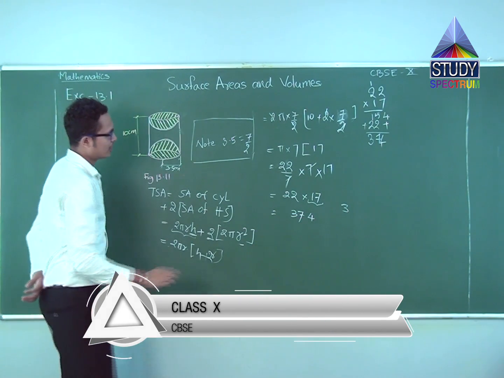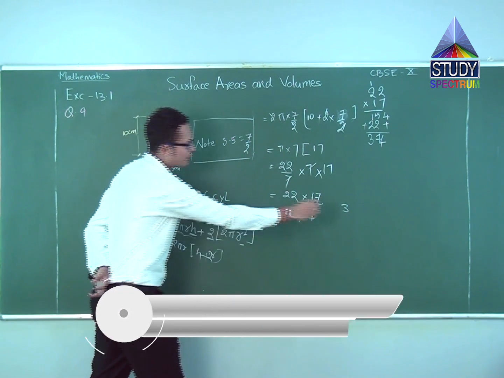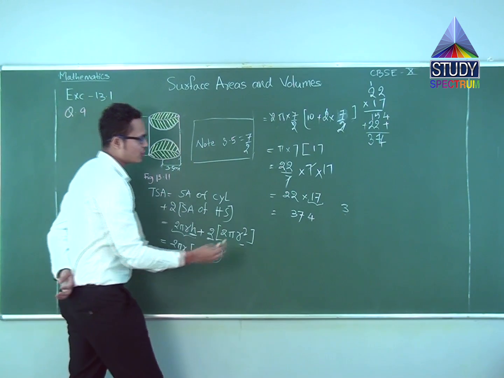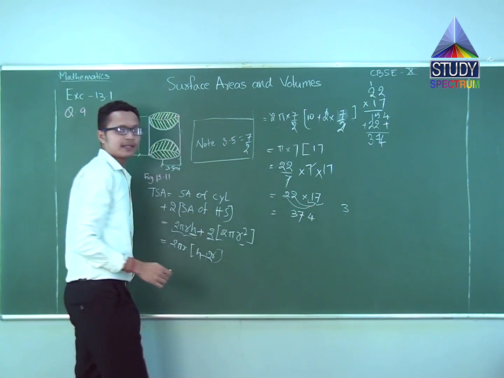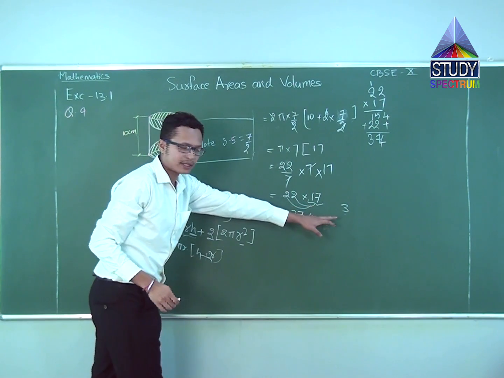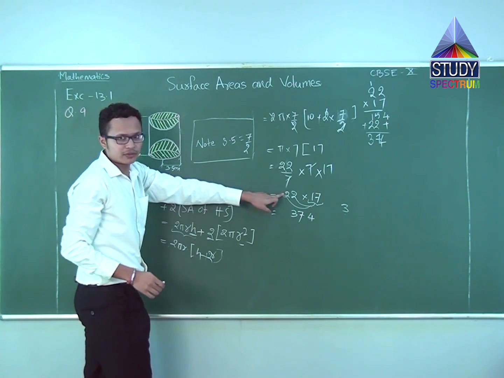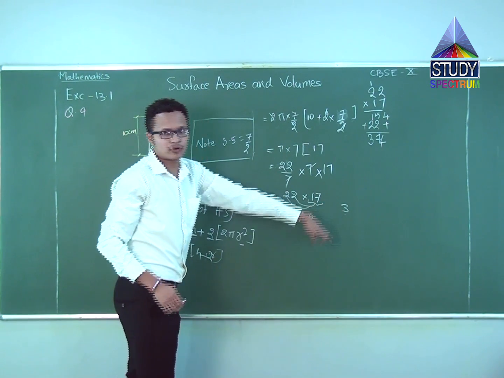I'll repeat again. 17 into 2 is 34, so 4 here, carry forward is 3. What you're actually doing is multiplying 17 individually. First you multiply 17 with 2 and take the carry forward, and again you multiply 17 with 2, and whatever the result is, you add that result to this carry forward.